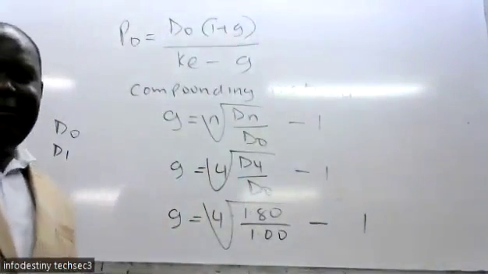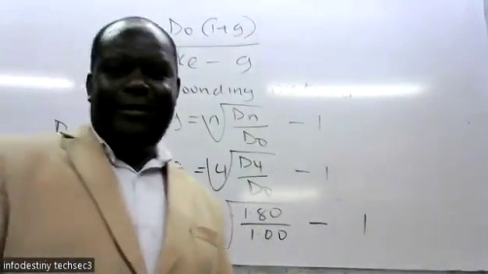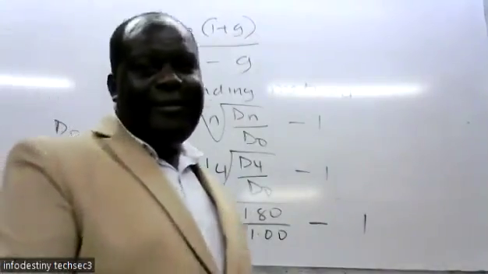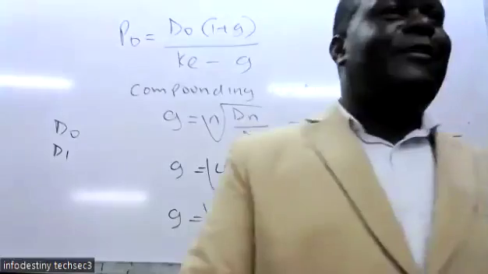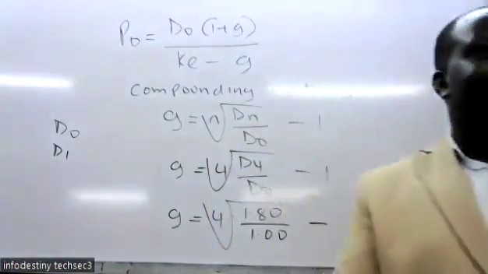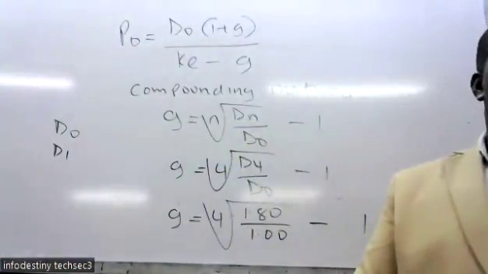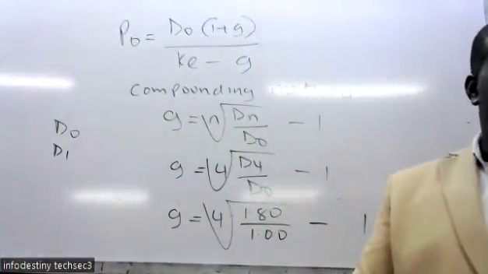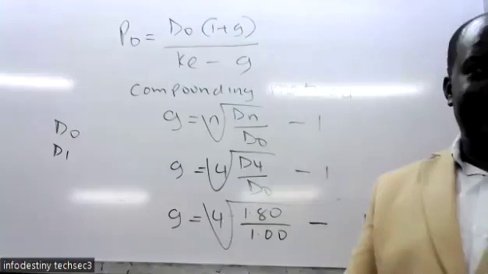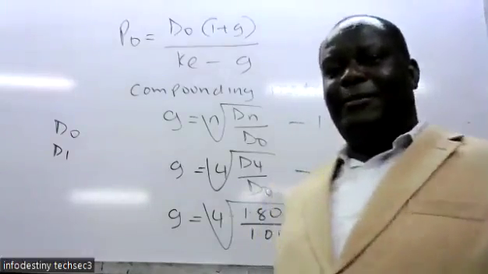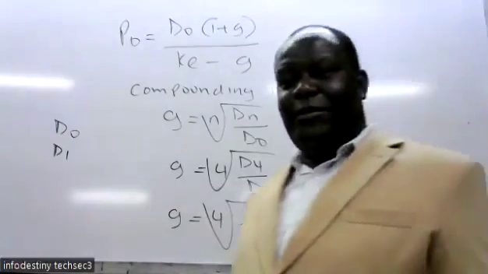Now someone has given me 15%. Someone else is giving 16%. So which is the correct one? But before you round off, you are getting which figure? 15.83. Yes, we want to understand that part.